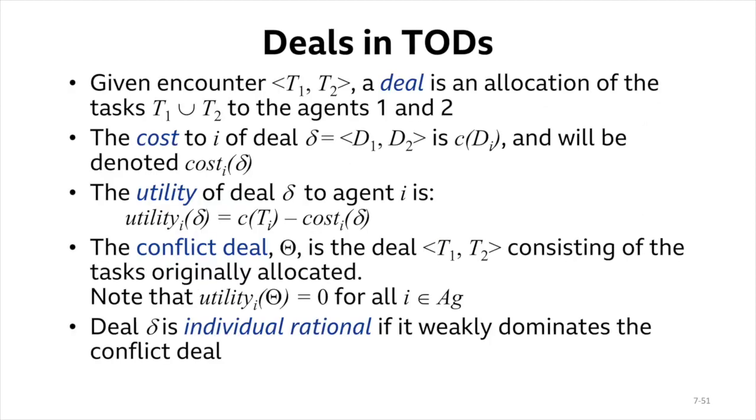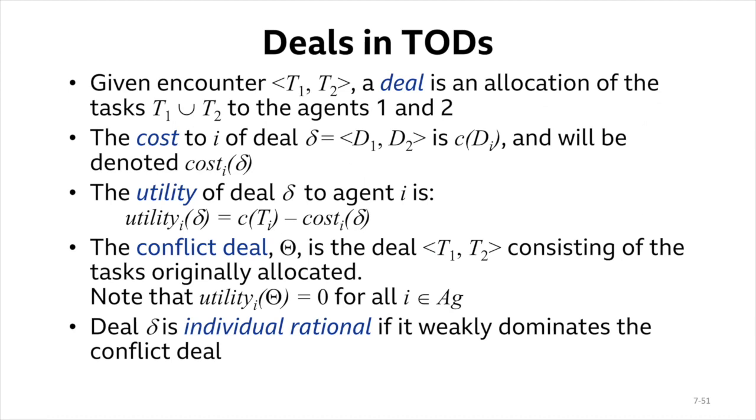Okay, so the utility of a deal is just the difference between the cost of the task that I was originally given and the cost of the task that you're suggesting that I take on in a deal. And if that utility is negative, then I'm worse off with the deal than I would be with the originally allocated task.